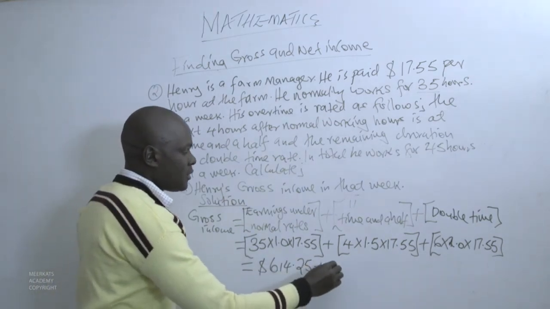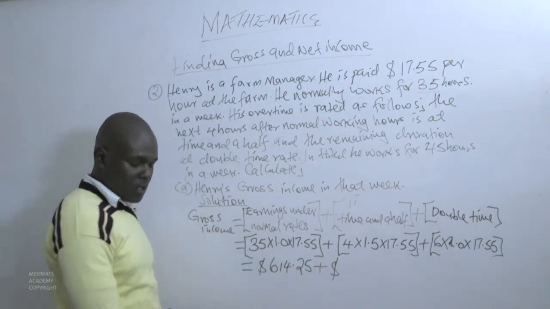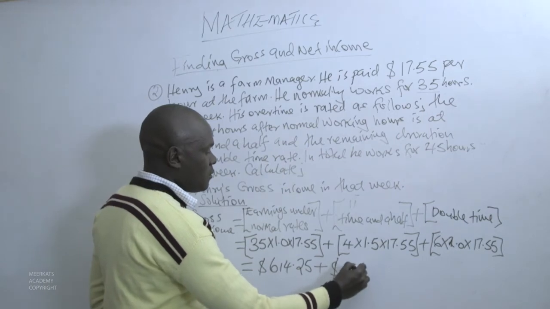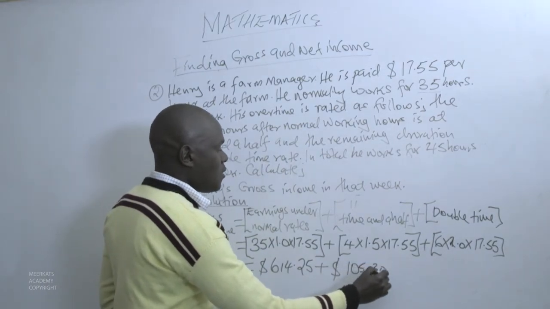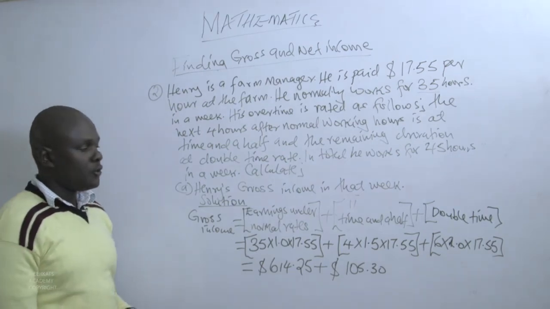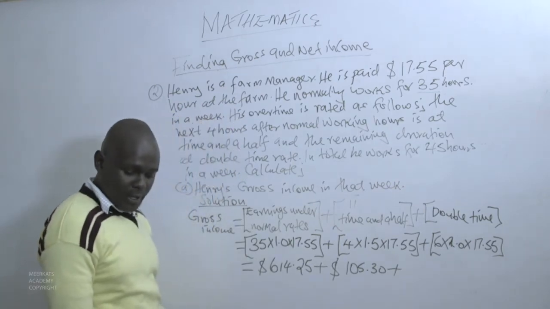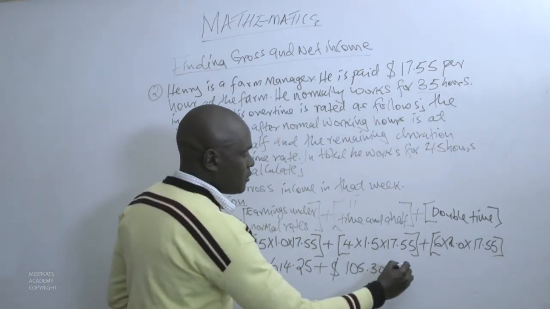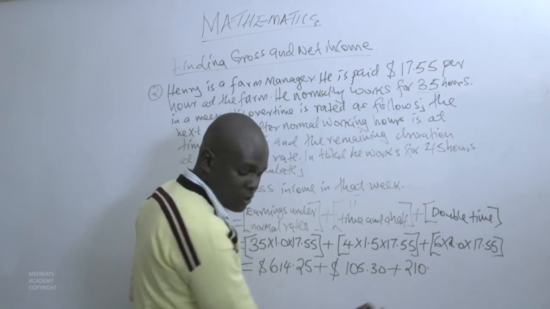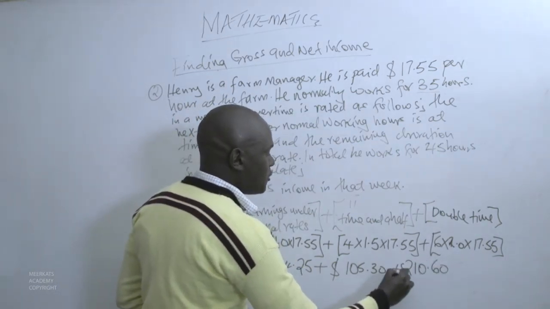In the second bracket, we are going to have $105.30, and in our third bracket we are going to have $210.60.